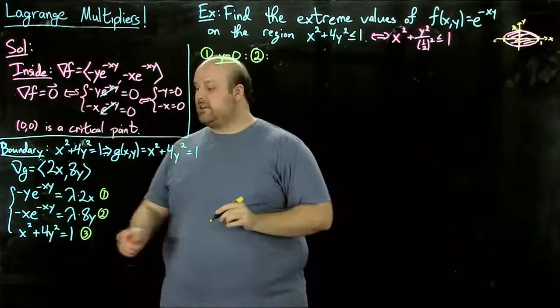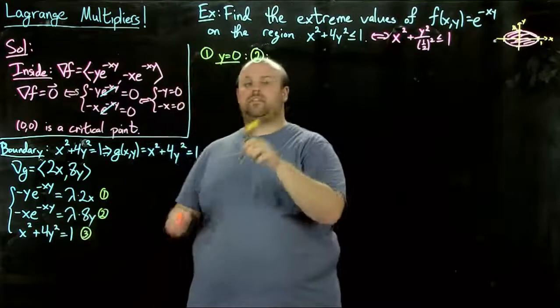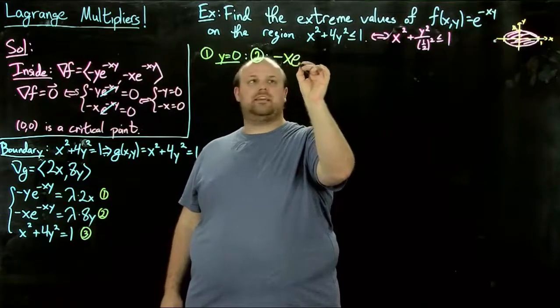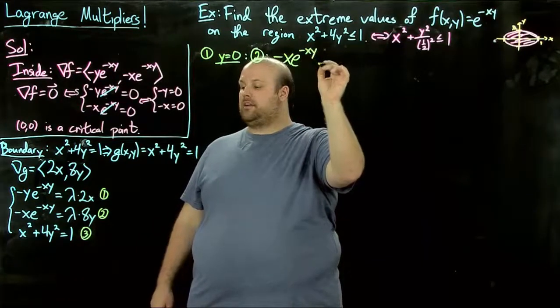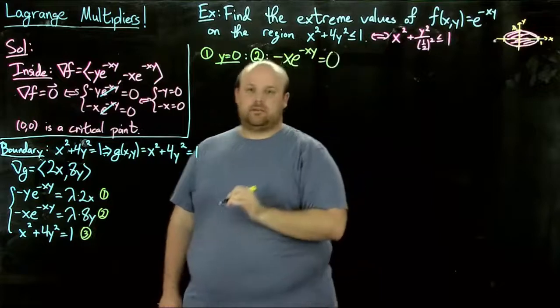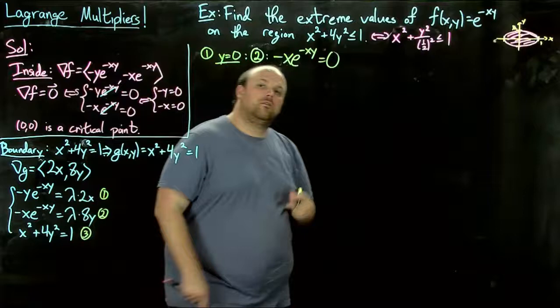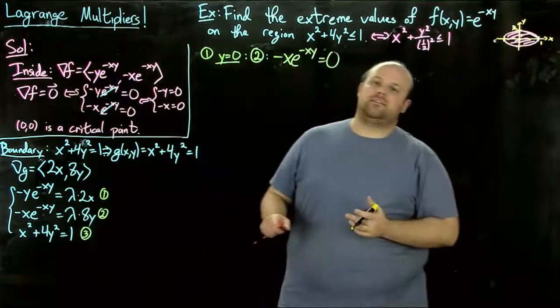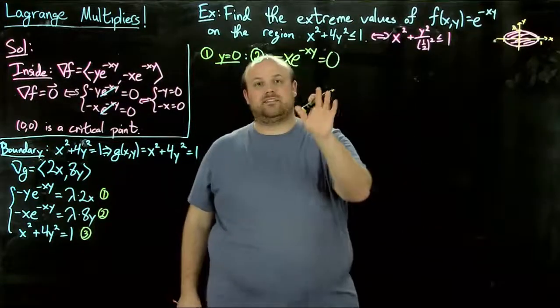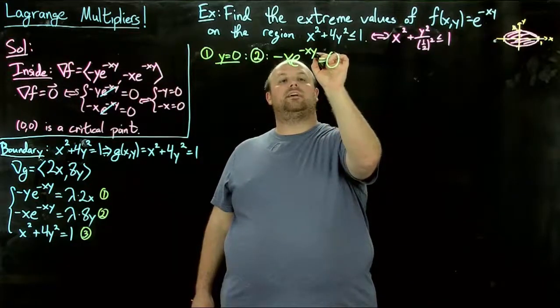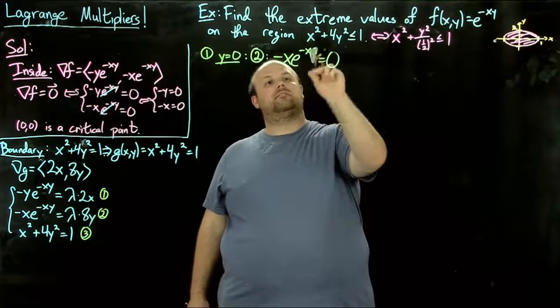Okay, equation 2 will tell us then that negative x e to the minus xy has to be 0, right? Because y is 0 here. Well, this nails it down even more because y is 0 up here as well.